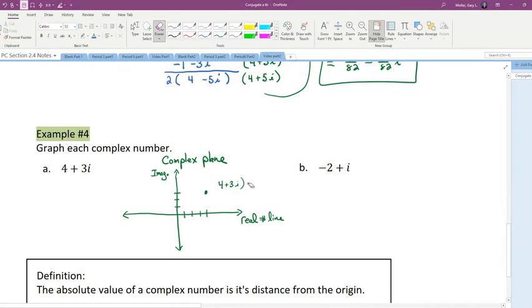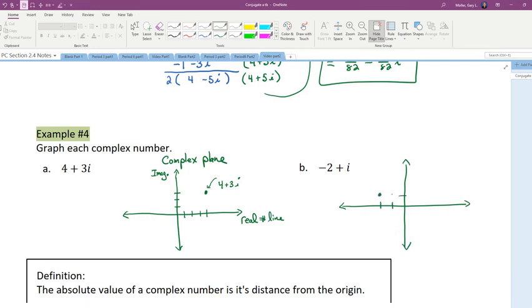Okay. That is that point right there. All right, so go ahead and see if you can graph negative 2 plus i on the complex plane. And so this time we're going to go 2 on the real, negative 2, and we'll go plus 1.